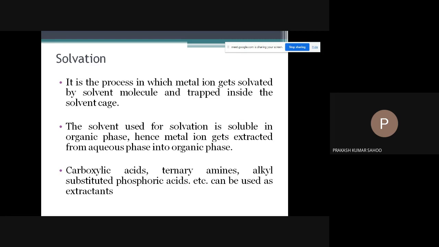Examples are carboxylic acid, tertiary amine, and alkyl substituted phosphoric acid. These can be used as extractants in the solvation process. It will form a solvent cage like structure and trap the metal ion inside the cage. This is known as solvation. We can also use crown ether, which is a good extractant in the solvation process.